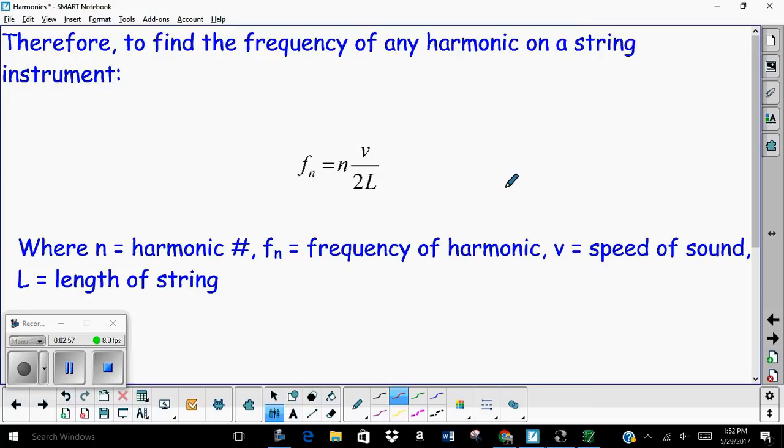And you can have n be any number on a stringed instrument, because on a stringed instrument you can form nodes on either end. Take a moment and write this formula down in your notebooks, and make sure you denote this as the fundamental frequency, or the formula for any harmonic on a stringed instrument.